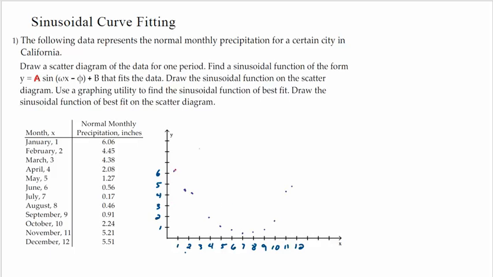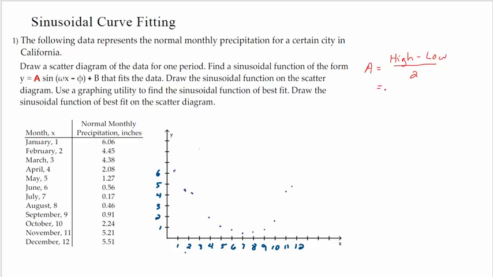So in other words, if you took the high point minus the low point and then divided that by 2, that's going to be a pretty good estimate of your amplitude.